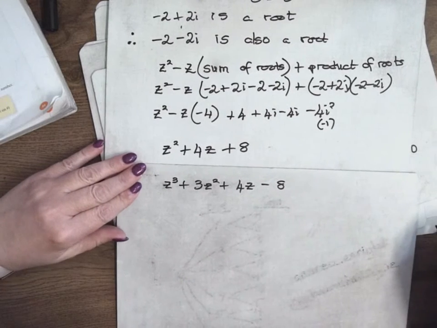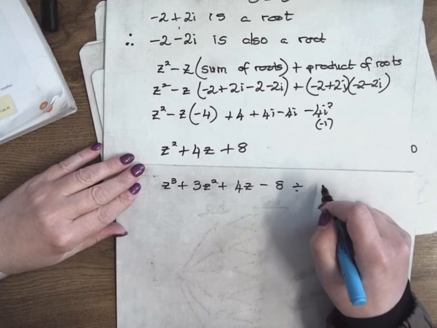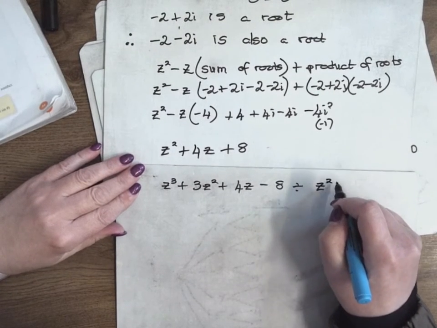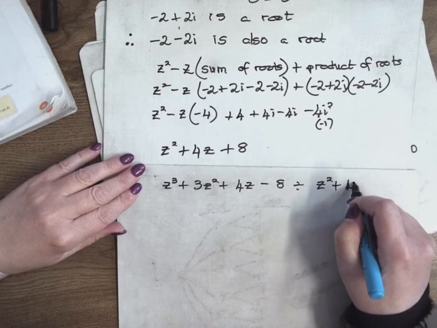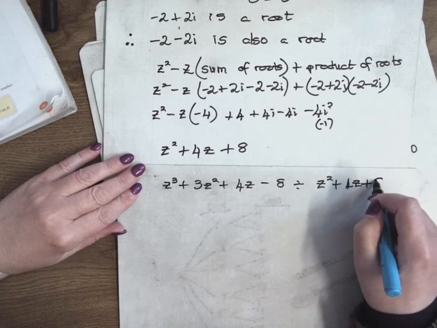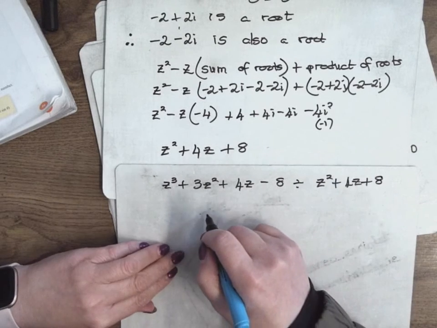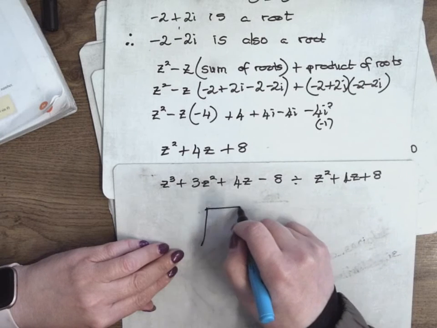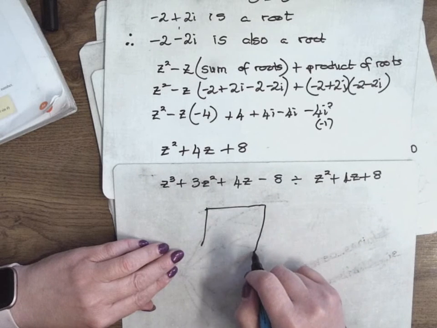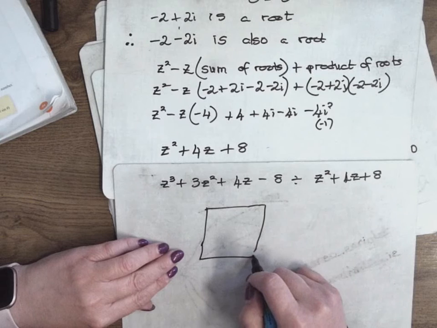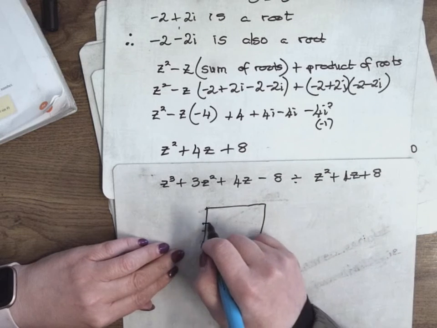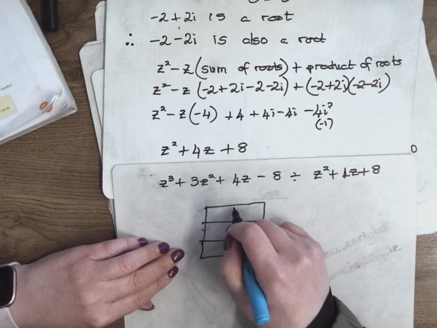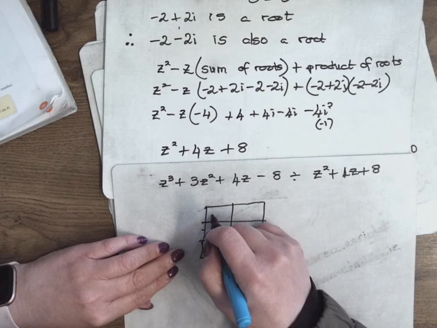I want to divide that by the quadratic I just got, z squared plus 4z plus 8. So I'm going to do my box. You do it whatever way you're comfortable.